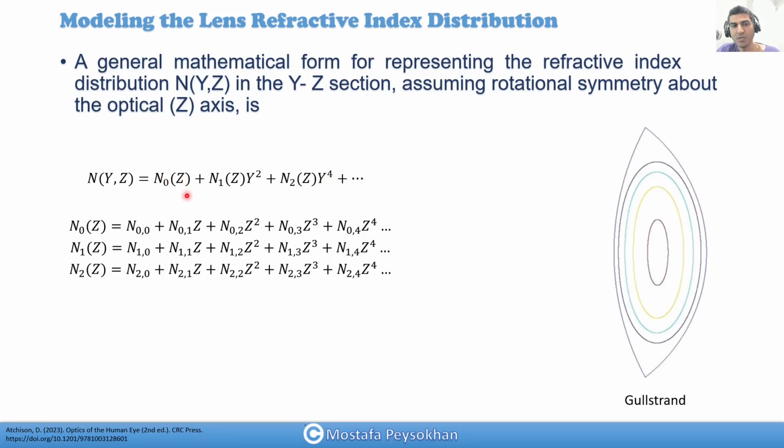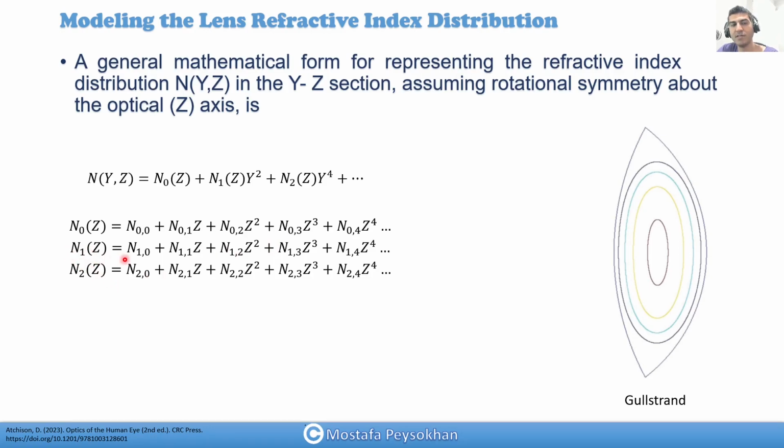Each part, for example n0(z), is a function of z, so we can Taylor expand it. n00 is a constant number. Then n01 times z, n02 times z squared, n03 times z cubed, and we can continue to larger powers of z.